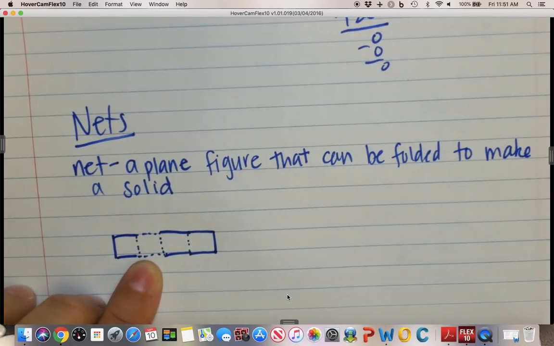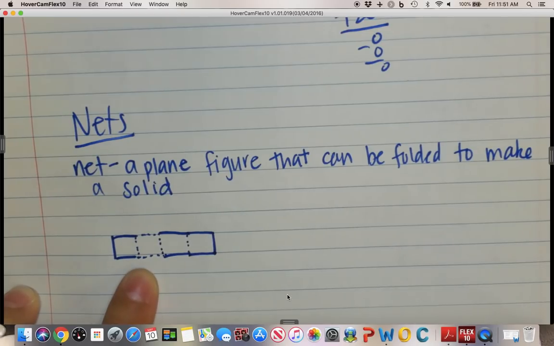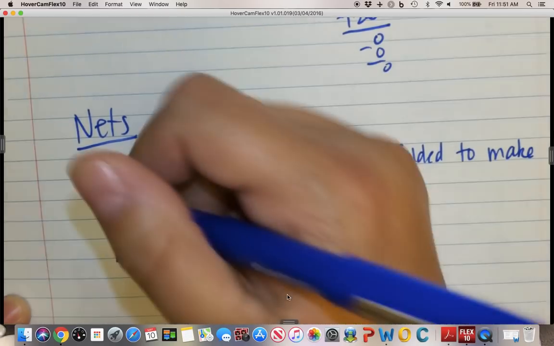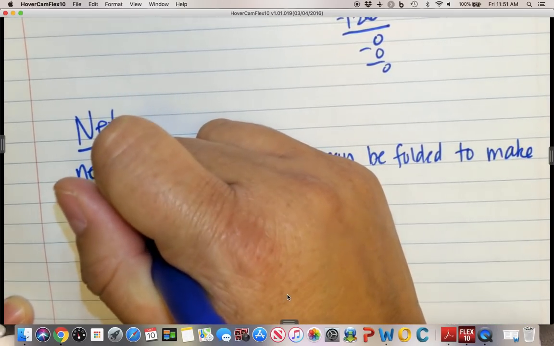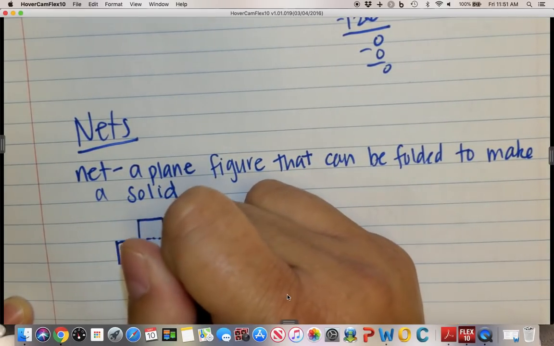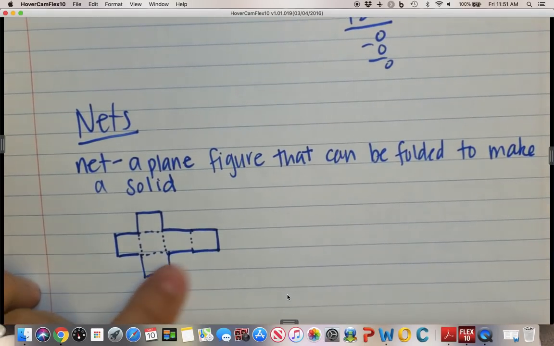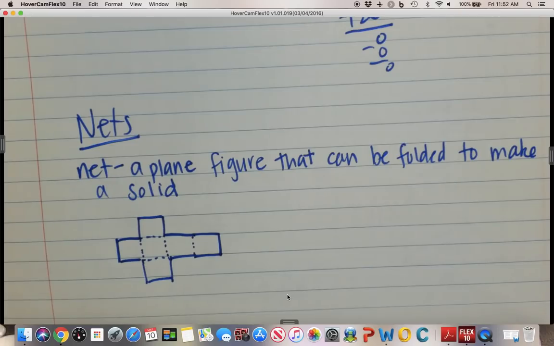So you'll see that I'm drawing solid lines and dotted lines. The dotted lines is where you would fold in order to make the solid figure. So if all of these were the same and I folded it, I would make a cube.